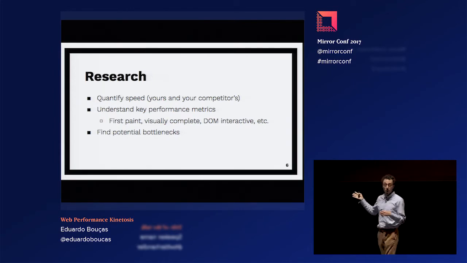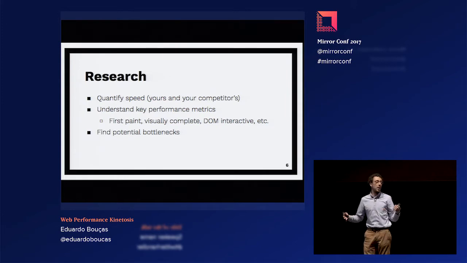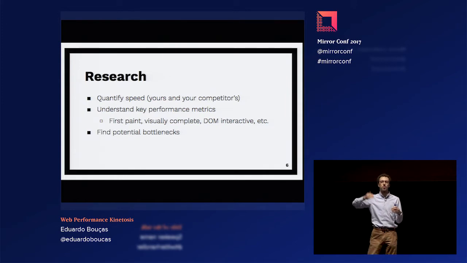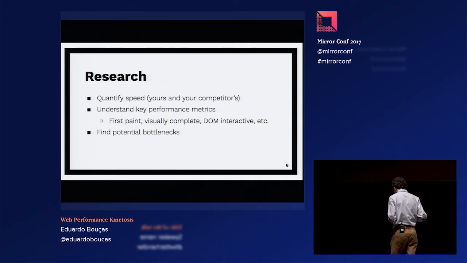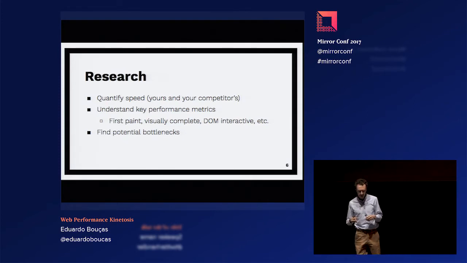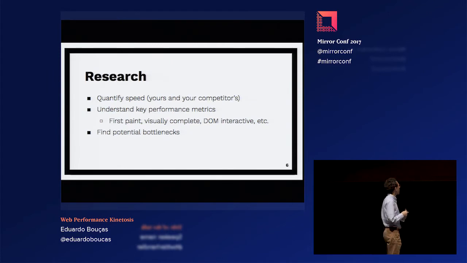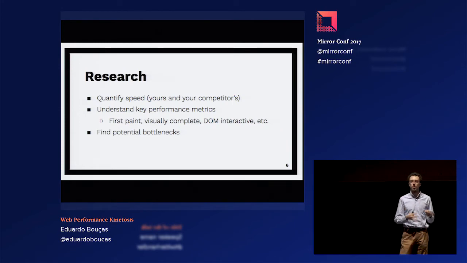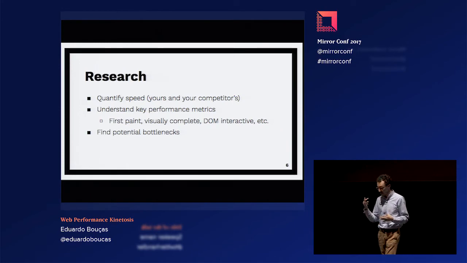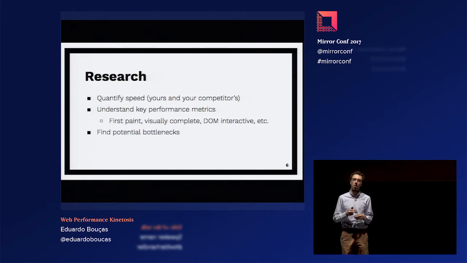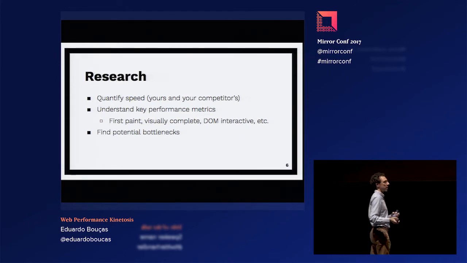Things like visually complete as well, which is the time it takes for the page to be fully painted. So once you have a better understanding of these metrics, then you can do a more scientific measurement of your website and your competitors, but more specifically your website. You can start looking for potential bottlenecks in your system.